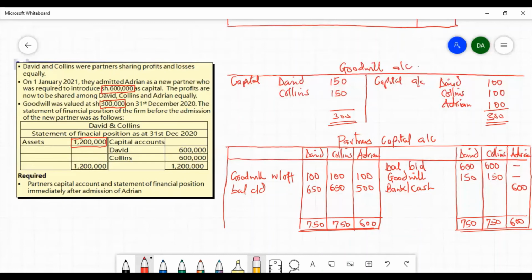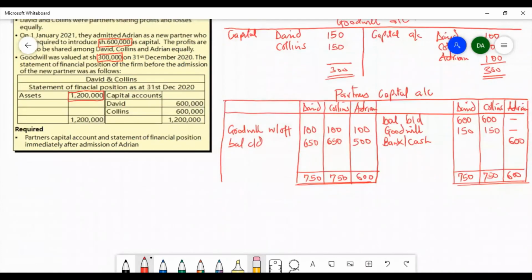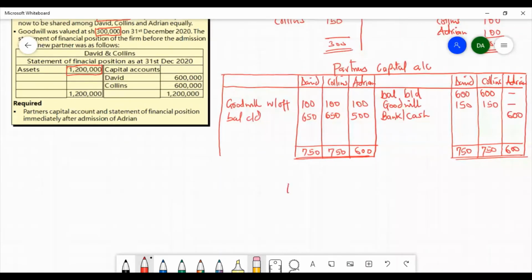Now, let us prepare the statement of financial position to show the effect, because now we don't have goodwill in the books. Then how will the statement of financial position be prepared? Let us have David, Collins, and Adrian.